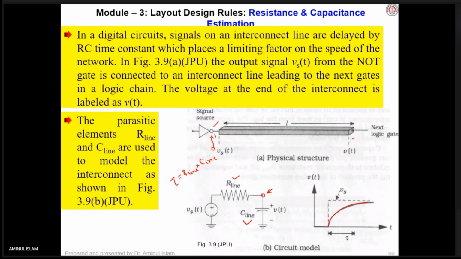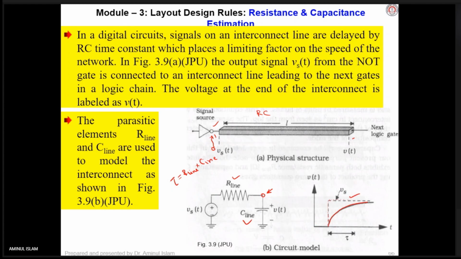Suppose the metal line is shown here, length L, and the output of the inverter is making a transition from 0 to 1. Due to this RC time constant, the voltage at the end of this wire will not be immediately high. The input Vs may be in this square shape.